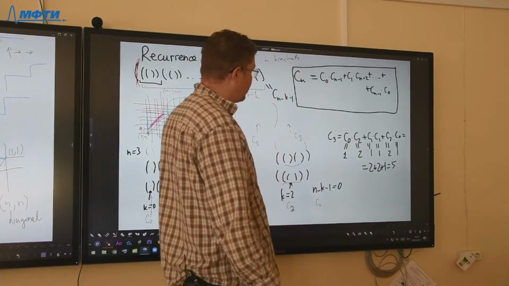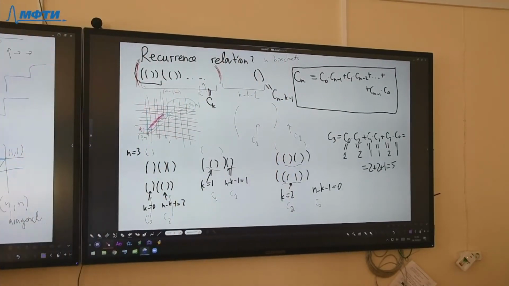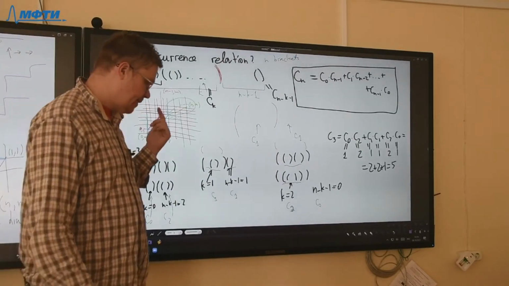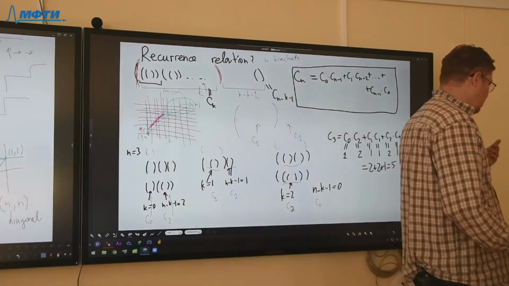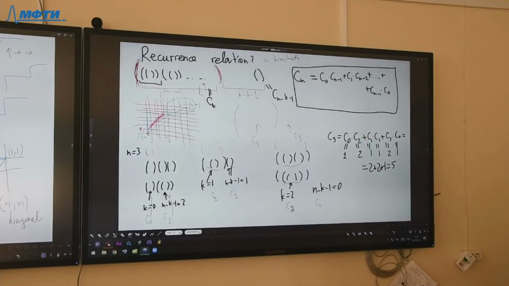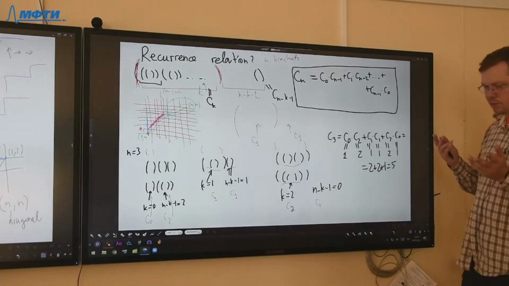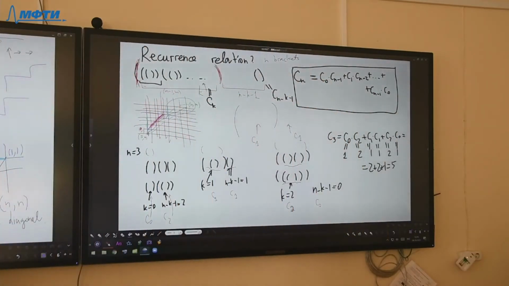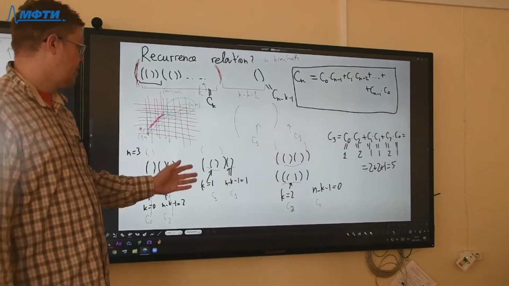In linear recurrence relations, the nth element always depends only on a fixed number of previous elements, 2, 3, and now we need to count all the previous elements to count the nth element. So this is a tricky recurrence relation.